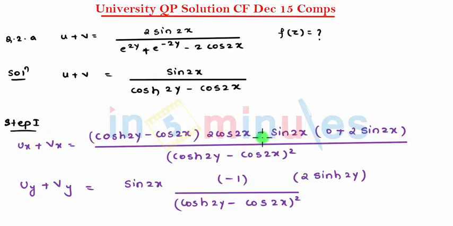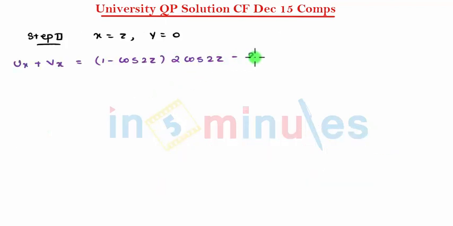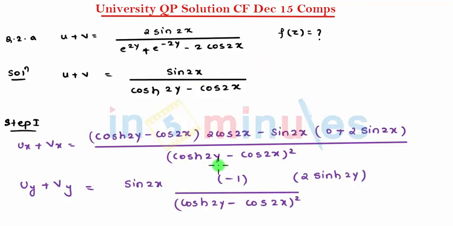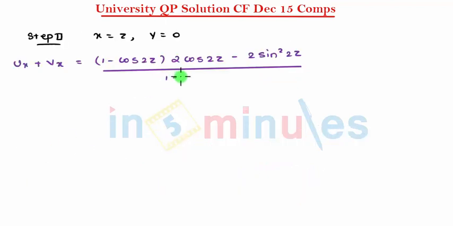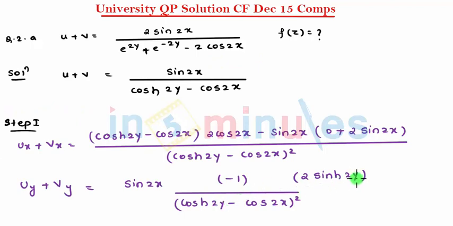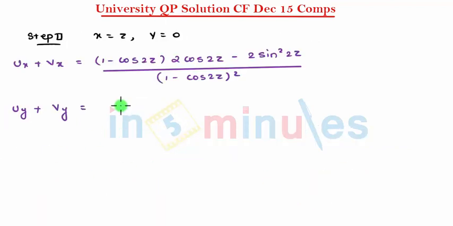Next is minus 2 sin square 2z, that gets divided by 1 minus cos 2z the whole square, and uy plus vy we can write as, when you put y as 0, the whole term becomes 0.